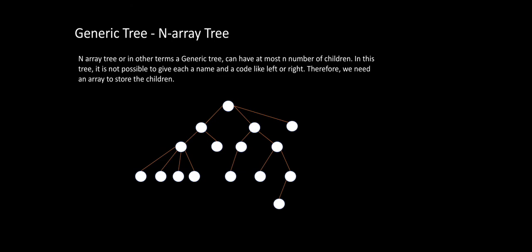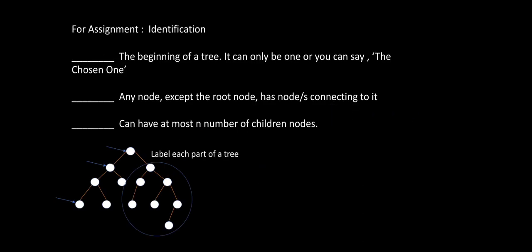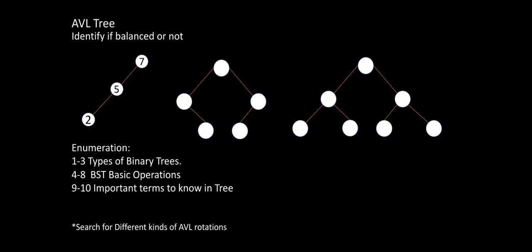And for the assignment, we have three identification items, equal to 7 points. Next, we have identifying whether the AVL tree is balanced or not, equal to 3 points.